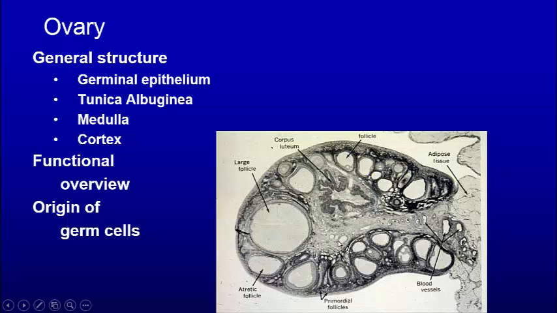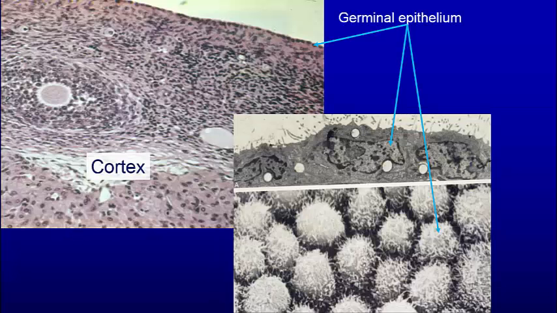And then in the middle, where we see a lot of blood vessels, we have the medulla. And then on the outside, where we have the eggs, is the cortex. And we want to talk a little bit about the functional aspects of it and how it interacts with the pituitary, as well as the uterus as well.